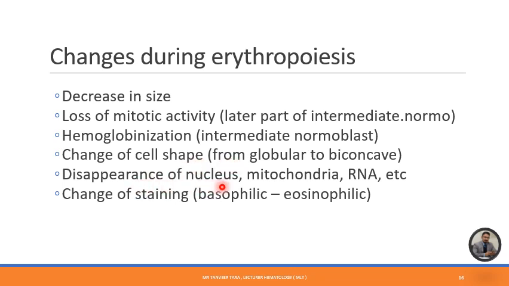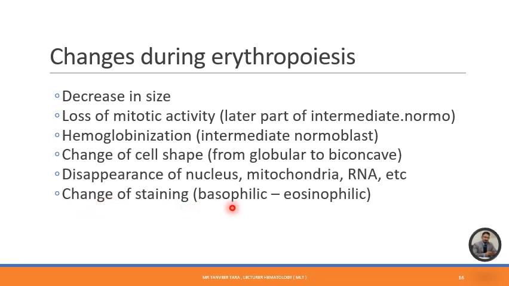Disappearance of nucleus, mitochondria, and RNA. At the end, in the reticulocyte stage, we have some endoplasmic reticulum and remnants of RNA, but then we have a very clear cell, that is the erythrocyte. So the nucleus, mitochondria and RNA are disappearing with the passage of time during these 21 days, and then change of staining.